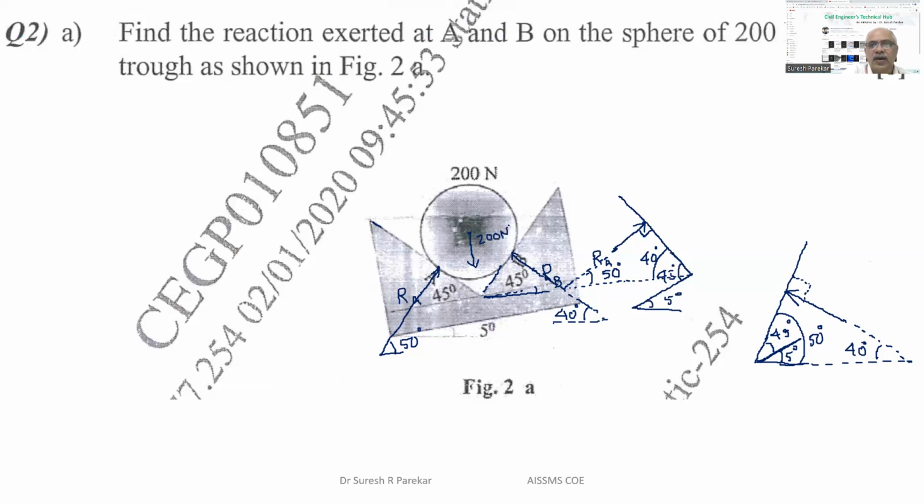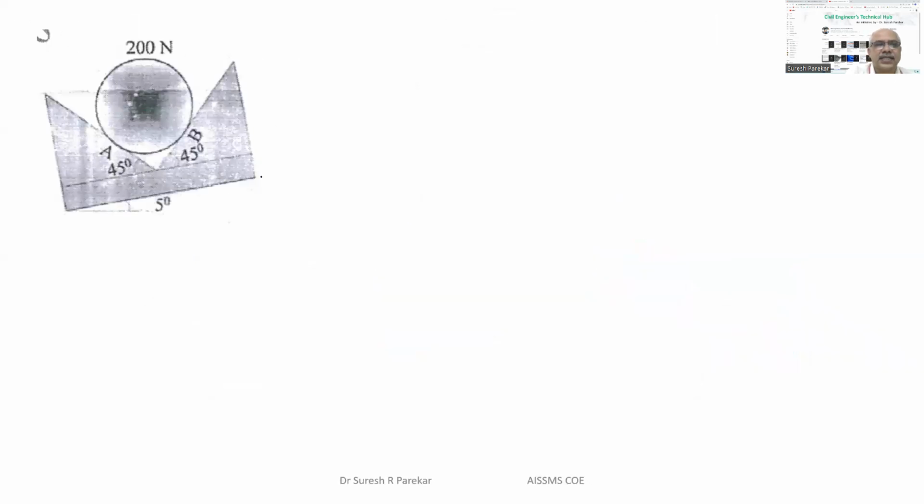Now, if I draw a free body diagram for this, I have a circle, the sphere. On this sphere we have one reaction, which is RA, making an angle of 50 degrees with horizontal, passing through the center.